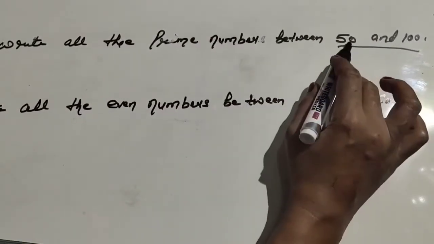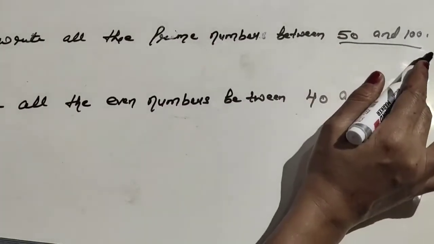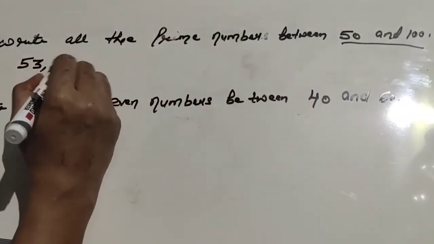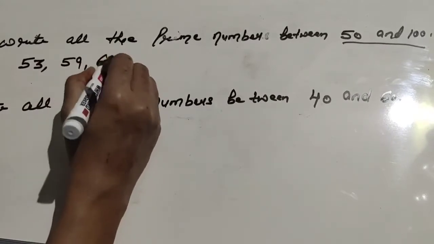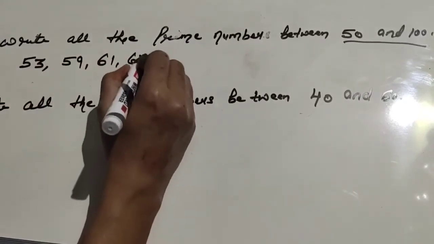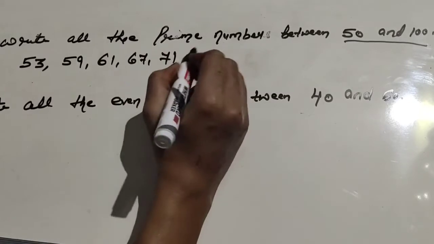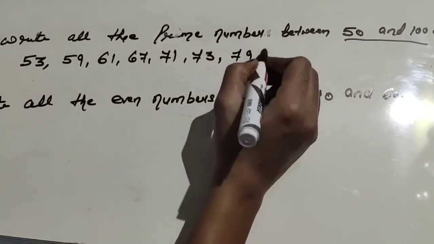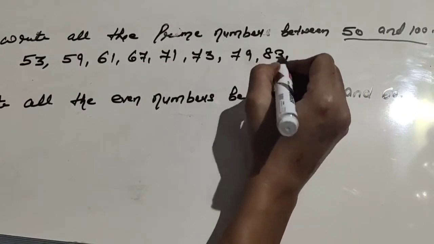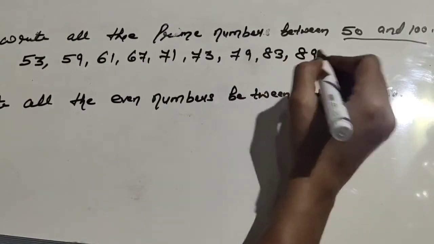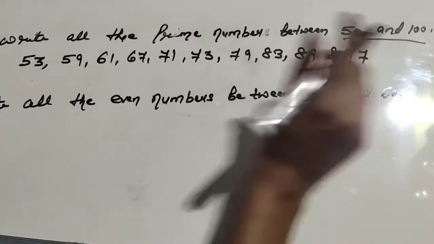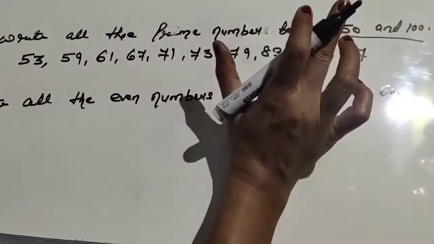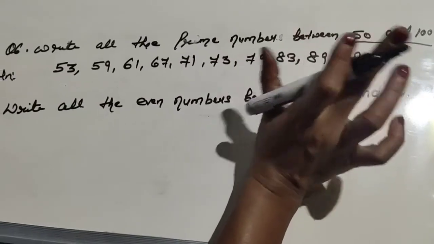So you just find the prime numbers between 50 and 100, which are 53, 59, 61, 67, 71, 73, 79, 83, 89 and 97. These are the prime numbers between 50 and 100. Remember it, prime number means divisible by 1 and itself.